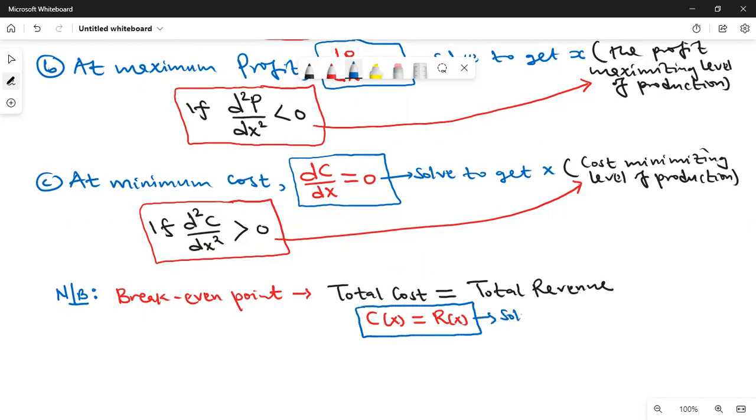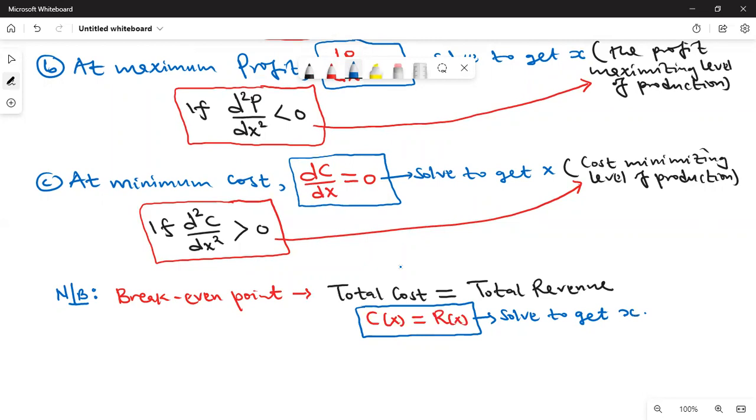So you solve to get X. So when we say total cost is equal to total revenue, it simply means that this break-even point is that point where once you have produced units of some commodity, you want to know how many of those units will I sell to recover the amount that you used in production.